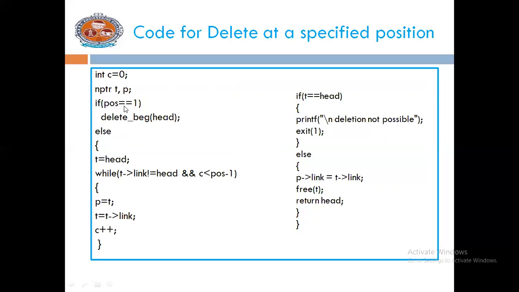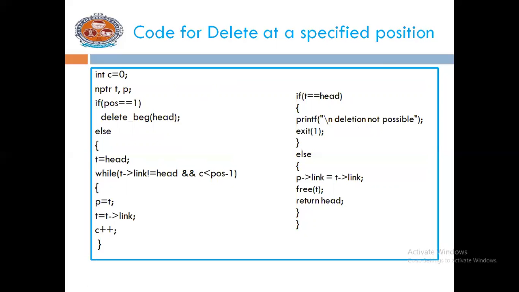So if position is not equal to 1, only then we go into this while loop. At the end of this while loop, we are getting the same value. T equal to head means deletion is not possible. That means there is no node at the given position.